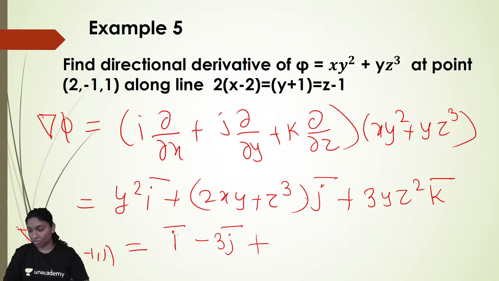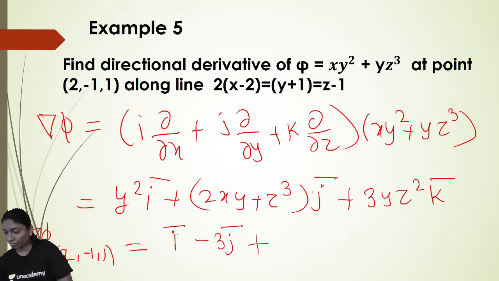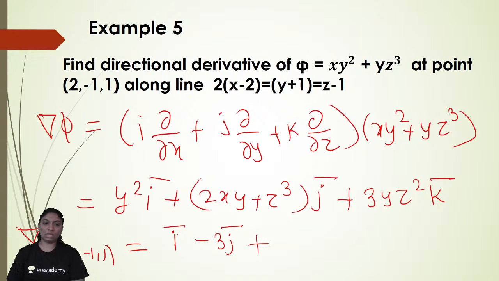Plus here you will get 3 into minus 1, minus 3 k bar. Here del phi at 2, minus 1, 1 is i bar minus 3 j bar minus 3 k bar. So you will get del phi at this point.